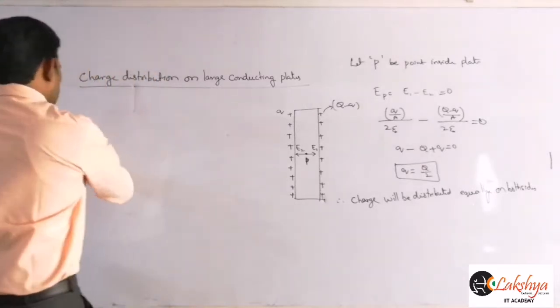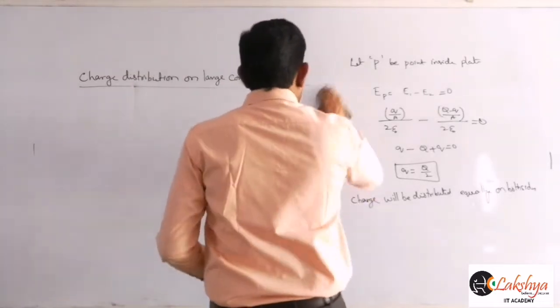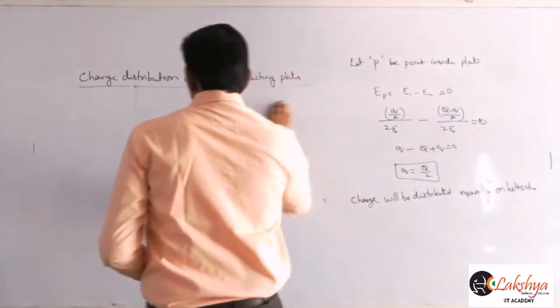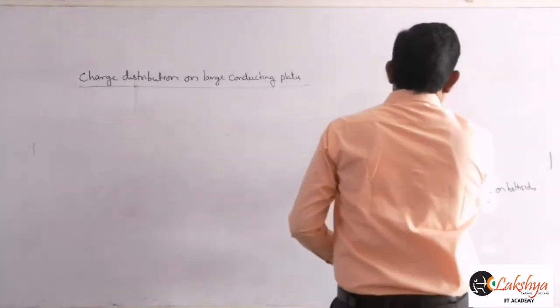Now the second case what I am taking is, let us suppose this is a neutral plate. A neutral conducting plate is placed in the external field. So let us see what will happen there.